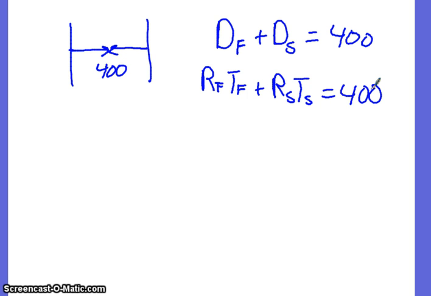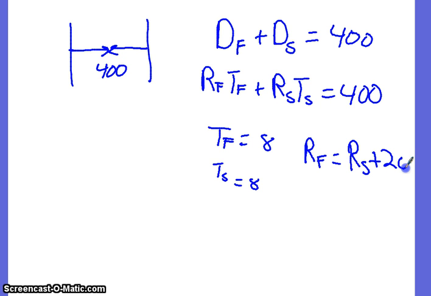Midnight to 8 a.m. was how many hours? 8 hours for both of them. And we also know one more piece of information. The faster one was how much faster? RF equals RS plus 20, right?